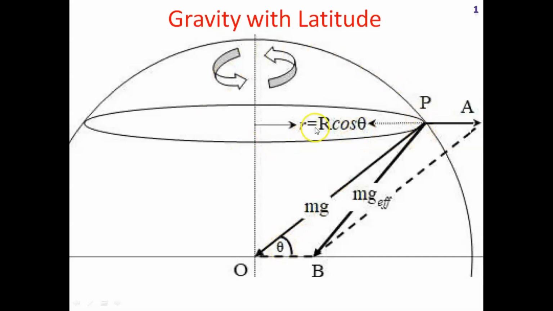Because of the spin motion, the centrifugal force is acting along PA, and the gravity is acting along PO. The resultant of these two will be the effective gravity. So in terms of forces, the effective gravitational force will be m into g effective, which is acting along PB.